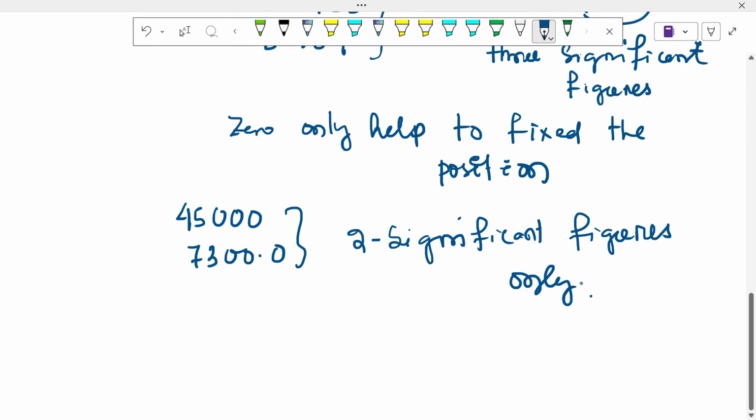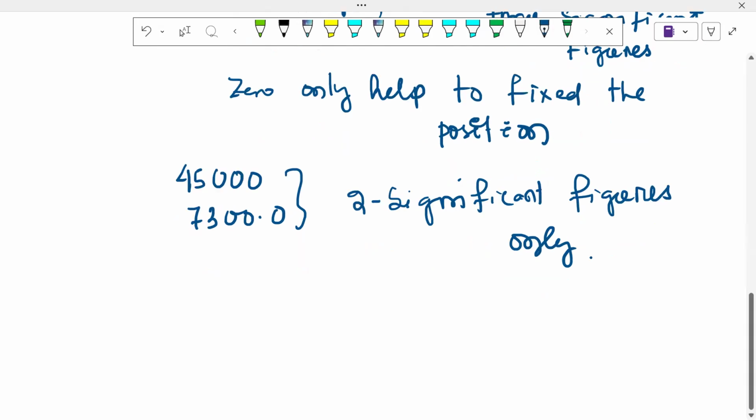Everyone just remember that only 2 digits are used, and then we can use the zeros. The number of digits present here is called the significant digits.